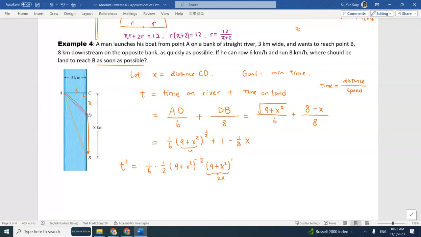And then the derivative of 1 is 0. The derivative of minus 1 over 8x is minus 1 over 8. Do you see this 2 and this 2 cancel? Because one 2 is in the numerator and the other is in the denominator. So this is x over 6, and then this square root is actually in the denominator.